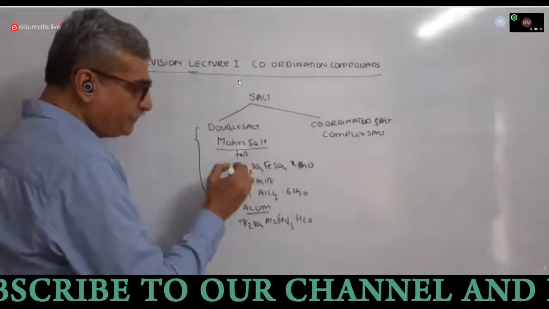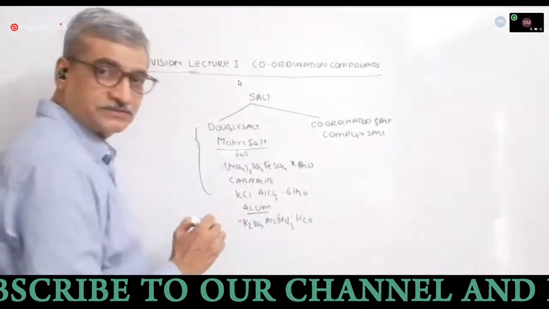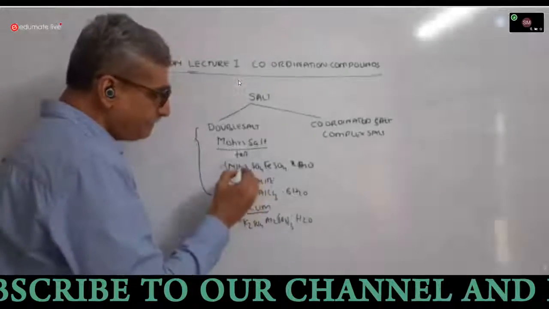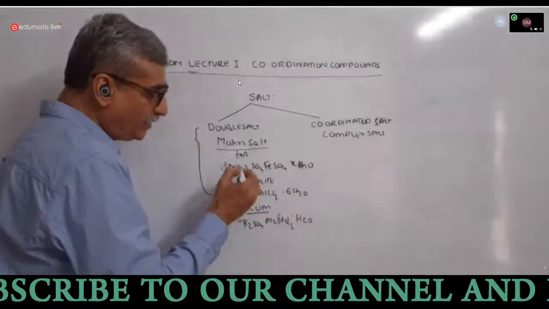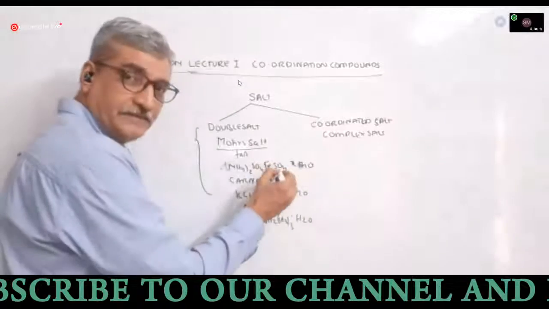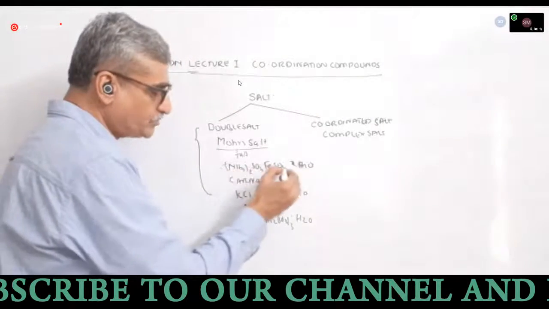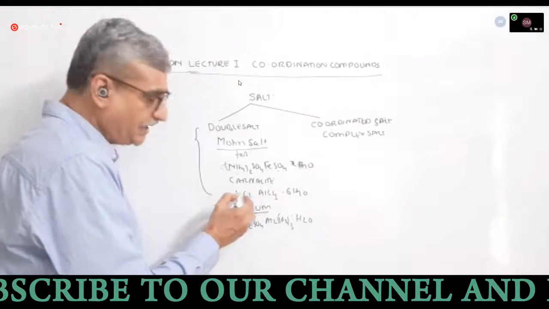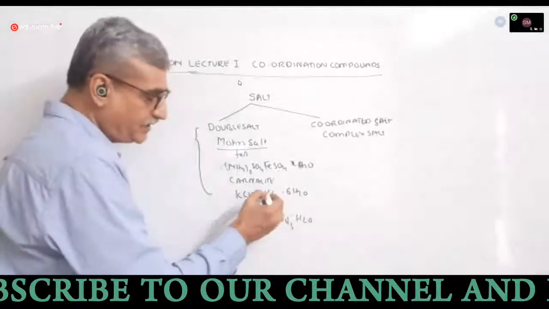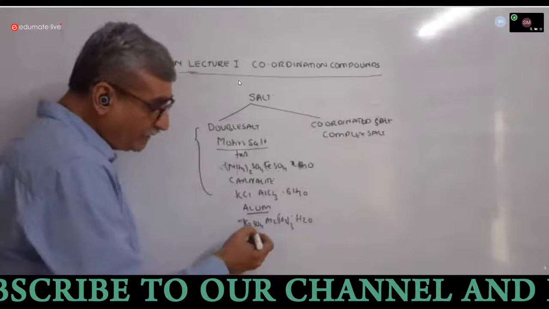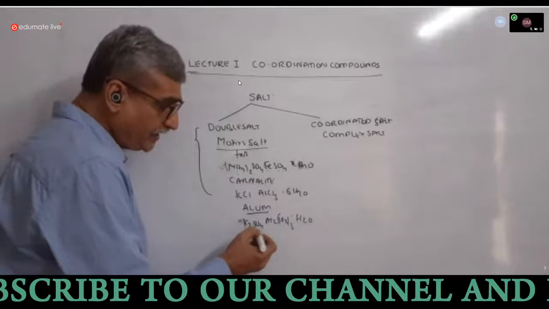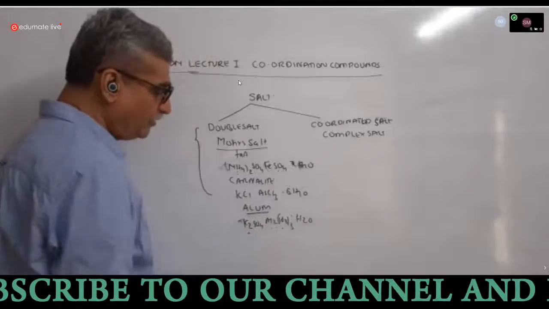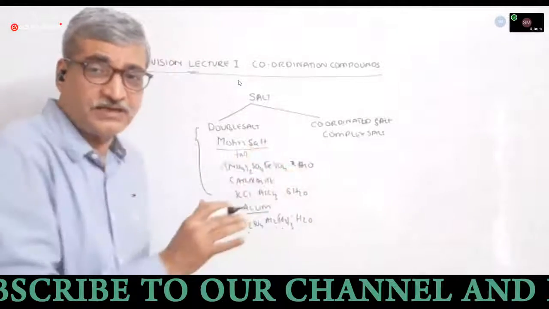One more tricky point: in Mohr's salt you have ammonium sulfate with a metal sulfate in a ratio of 1:1. Here you have an alkali metal chloride with a chloride in a ratio of 1:1. You have an alkali sulfate with aluminium sulfate in a ratio of 1:1. This is why it's called a double salt.